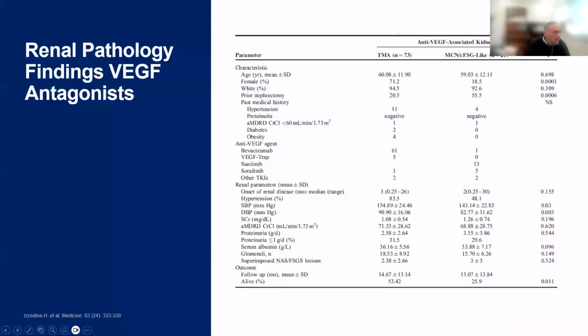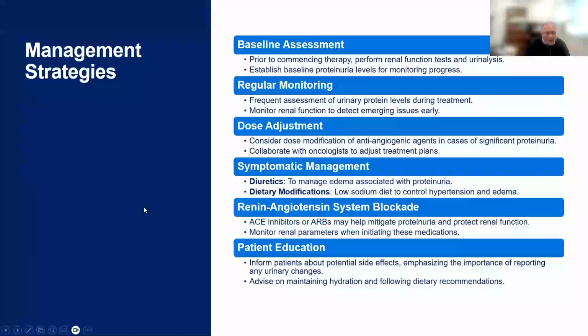And so in terms of management for these patients, what is recommended, again, for the oncologist, before starting therapy, is they need to really assess kidney function and UA. Something that happens at MSK is that sometimes, yes, they do a basic metabolic panel, but sometimes they forget the UA.